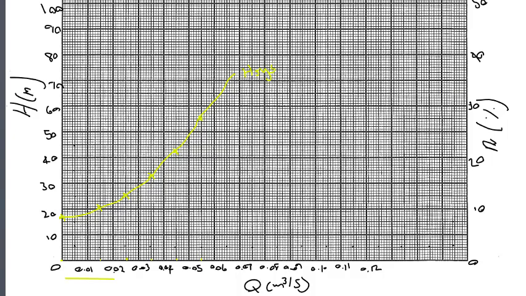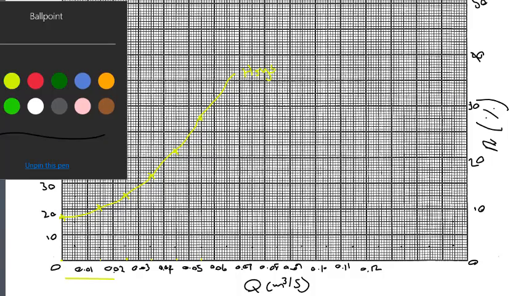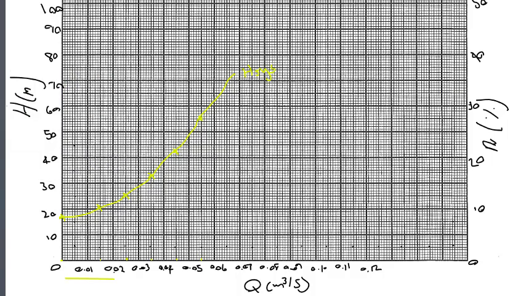Now we need to plot Onepump, the characteristics of Onepump on our graph paper. So let's do that. And let's use black. So this will be for Onepump. So our first value, discharge at 0 for Onepump. At a discharge of 0, we have a head value of 75. 75 right there.